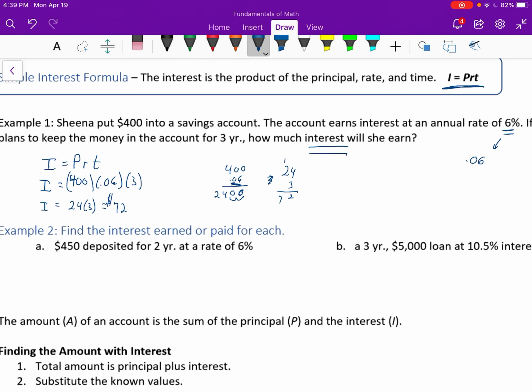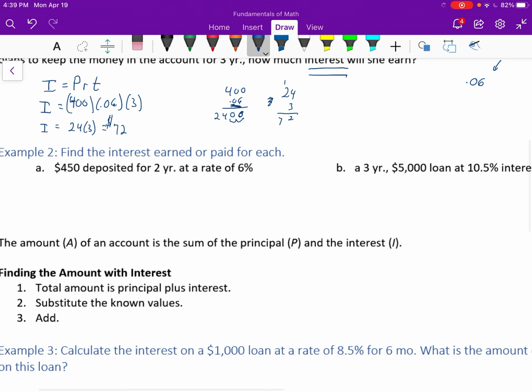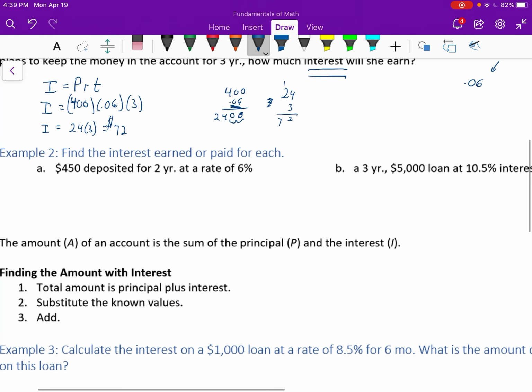All right, here's a couple other problems, a little more straightforward. They just give you the values. So find the interest earned or paid for each. So we know that interest is principal times rate times time. Principal is $450. Rate, once again, is 6%. We put that as a decimal, and the time is 2 years.